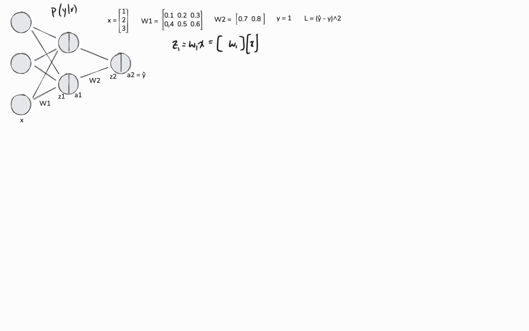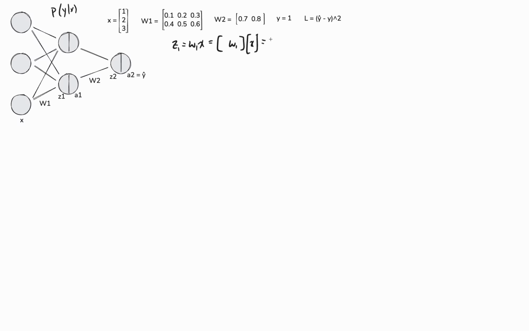And the way that I like to think about that operation is as a linear combination of the columns of W1 weighted by the values of x. And so I'll just draw that out once to illustrate. So one of the many ways you can compute this is like this.